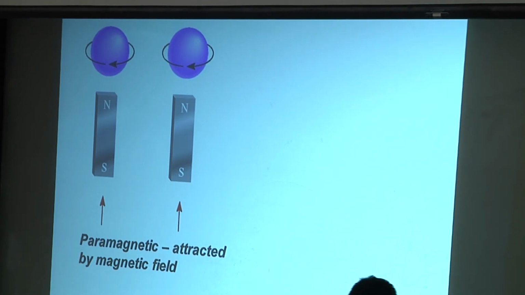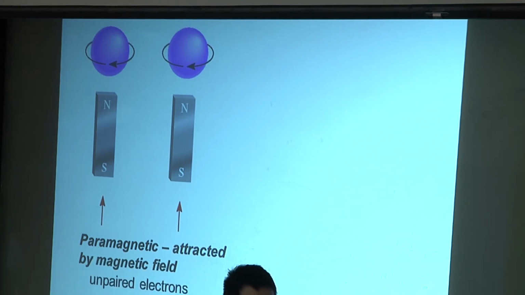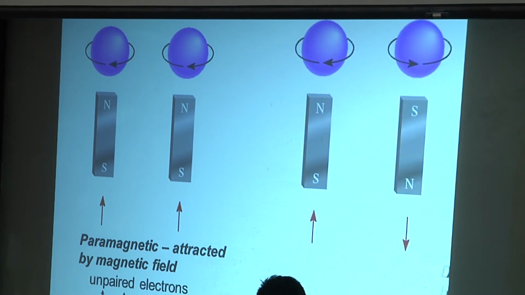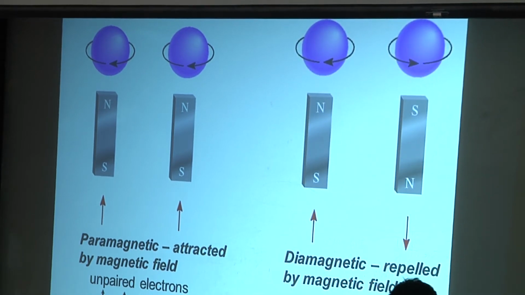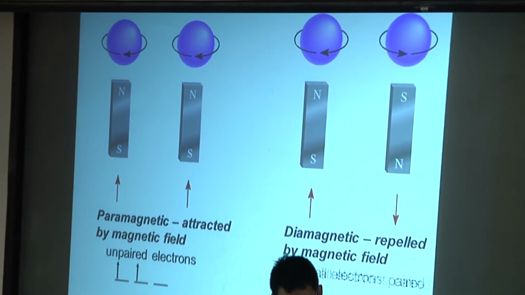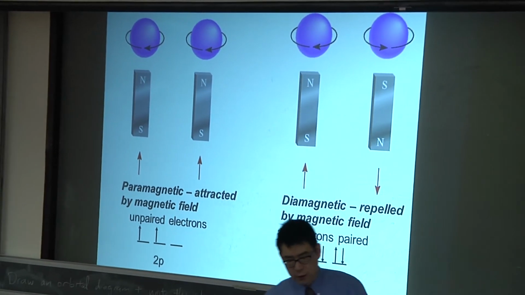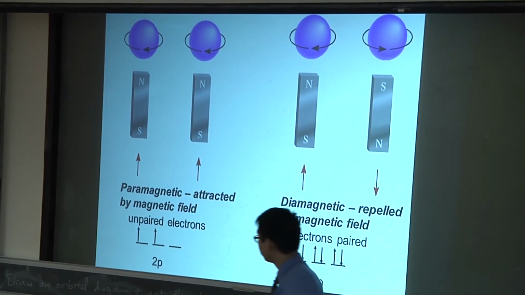Paramagnetic compounds or paramagnetic species are attracted by a magnetic field, and they arise from species that have unpaired electrons. So if you had something like that, it'd be paramagnetic. The opposite is diamagnetic. They're repelled by a magnetic field, and in diamagnetic species, all electrons are paired.